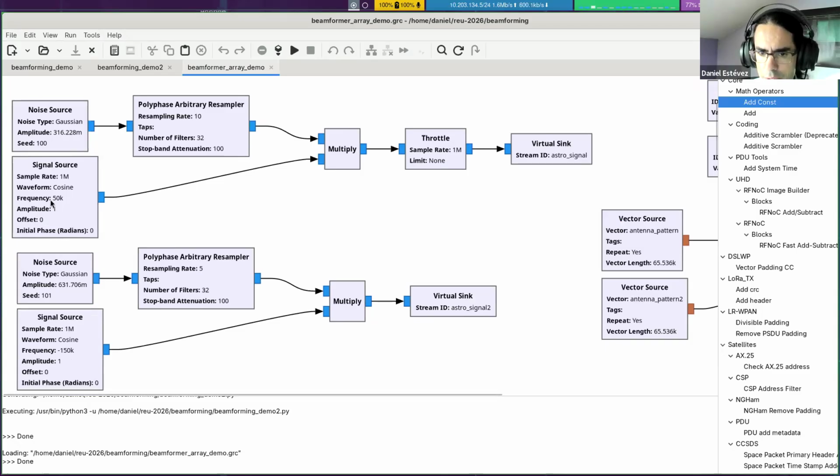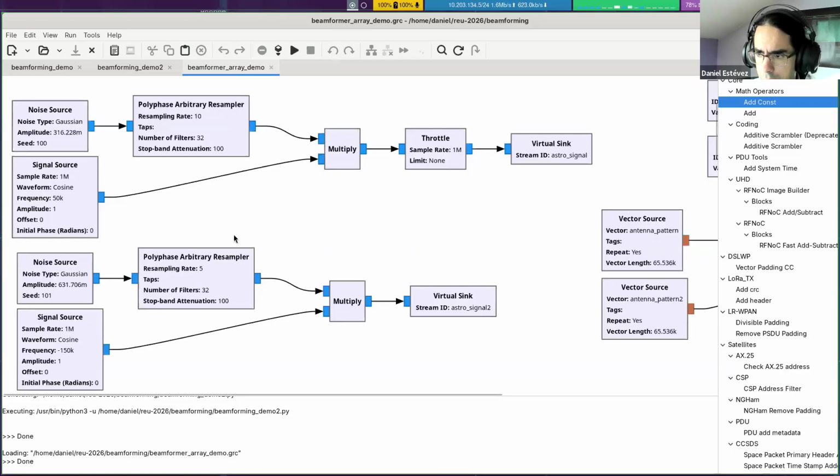I have also different frequencies, 50 kilohertz and minus 150 kilohertz, so that we can see them in separate places in the sky, and that will make it much easier for us to distinguish them. But this is for the purposes of this demo or simulation. In real life, many astronomical sources occupy the whole spectrum, and they will not be separated on the spectrum. They can only be separated spatially, because they come from different directions.